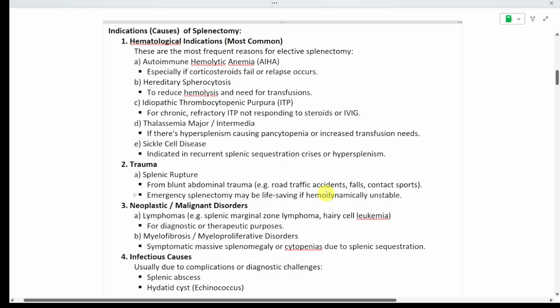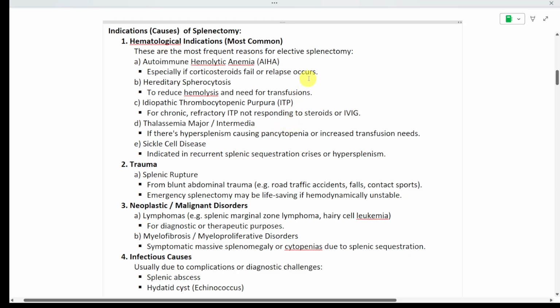So here is a freebie for you guys, the indications of splenectomy. So far mostly it will be related to some hematological condition. The most important that you will have to know is hereditary spherocytosis, because this is one of the indications that we are still doing splenectomies. Otherwise, for the other conditions, we now have a lot of medication, so splenectomy is not that common for those conditions.